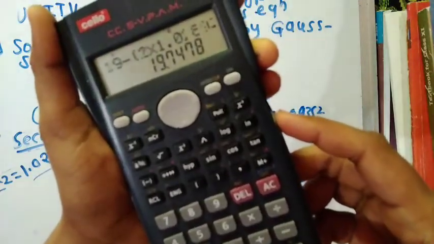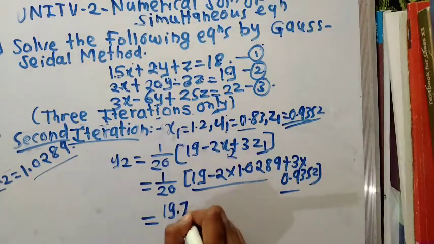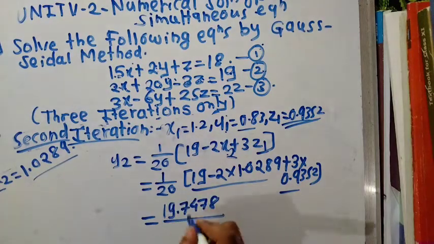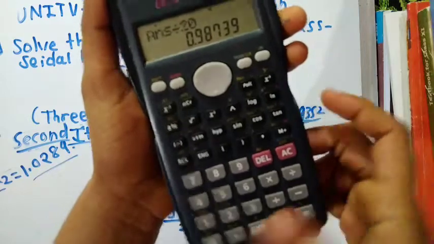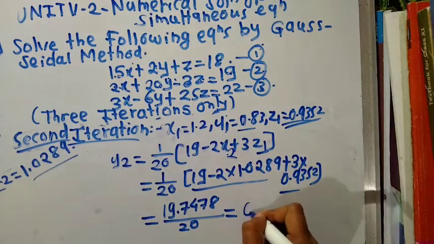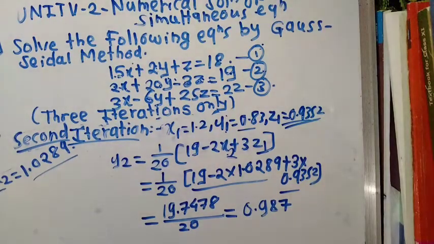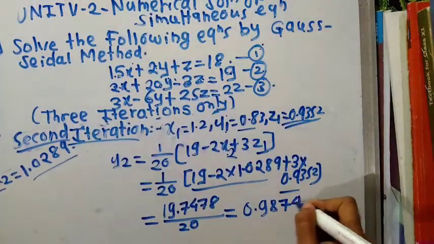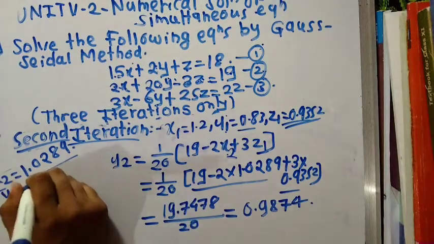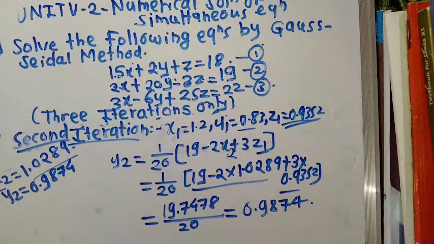First find out this value: 19 minus 2 into 1.0289 plus 3 into 0.9352, which is equal to 19.7478. 19.7478 divided by 20 is equal to 0.9874. Hence y2 is 0.9874.